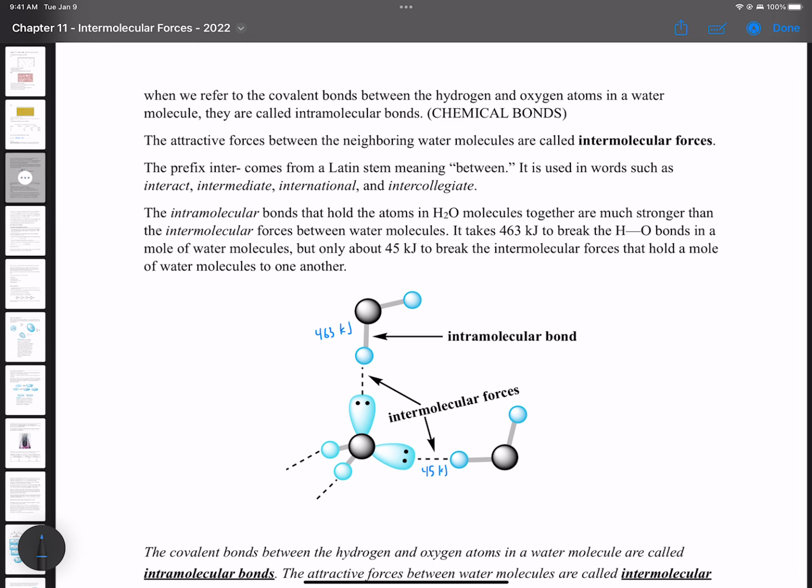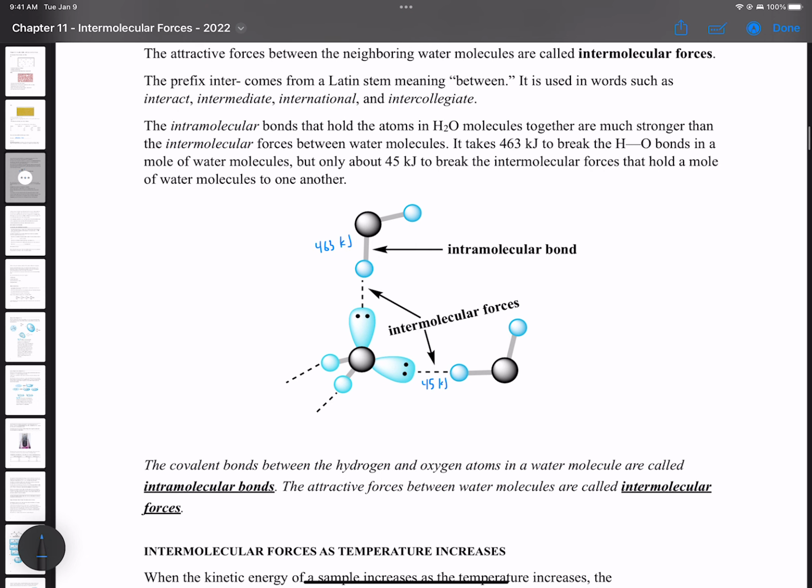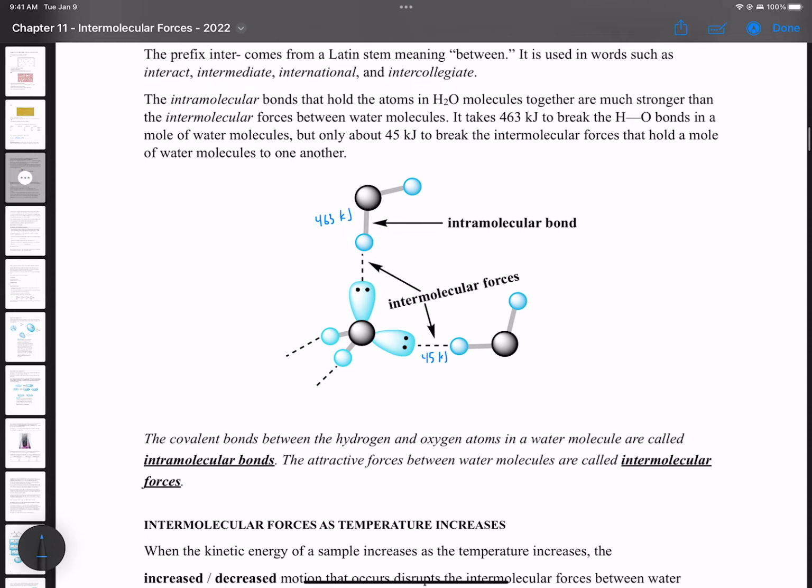But if we're breaking up the intermolecular forces, we're simply going through a state change, from liquid to gas. So make sure we understand this difference: intermolecular forces are the dotted lines between water molecules, and the intramolecular bond or force is the actual chemical bond between atoms in water.